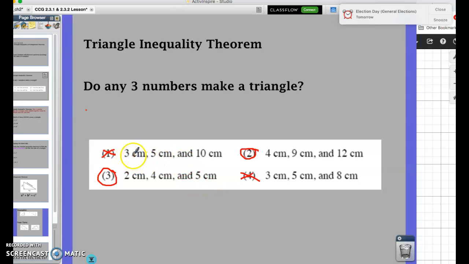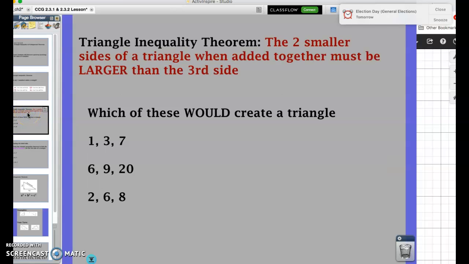You'll notice in the first one, my two smaller numbers don't add up to that bigger number, or even bigger than that bigger number. These two add up to the bigger number, but it didn't make a triangle. Where these two, when I added 4 and 9 together, they made a triangle. 4, 9, and 12 made a triangle. 2, 4, and 5 make a triangle. Look at that, 2 plus 4 is bigger than 5, and they make a triangle.